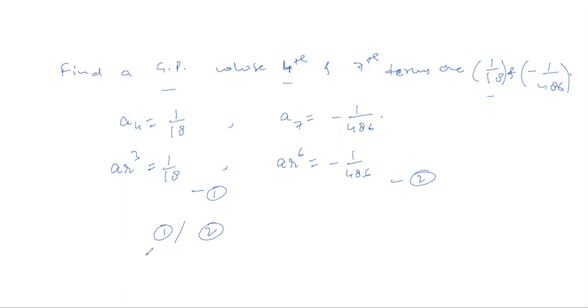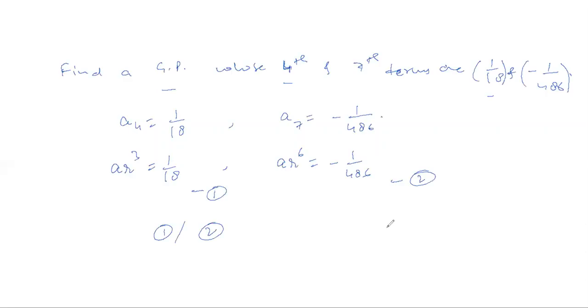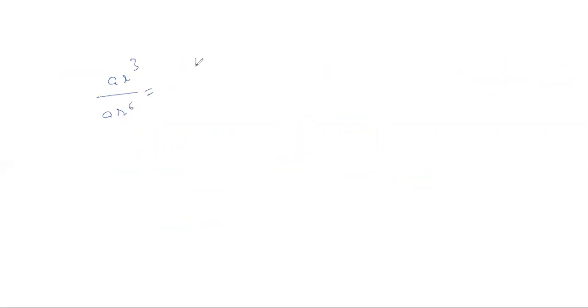On dividing, we write A R cube divided by A R raised to power 6 equals 1 upon 18 divided by minus 1 upon 486. So this A will be cancelled, and we write 1 upon R cube equals minus 486 upon 18. So we got 1 upon R cube equals this, which is 27.